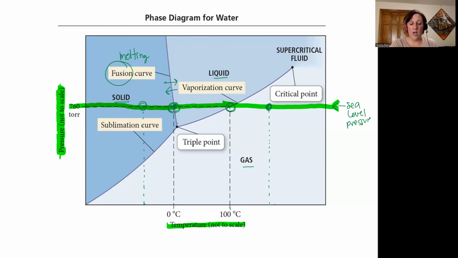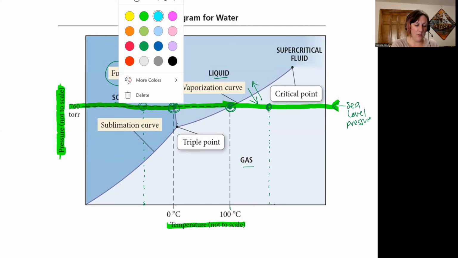But if I did it at 100 degrees Celsius, I'd fall on this line right here, separating the liquid and the gas portions of this diagram. And it would be in a phase transition where liquid was being converted into gas or gas was being converted into liquid.